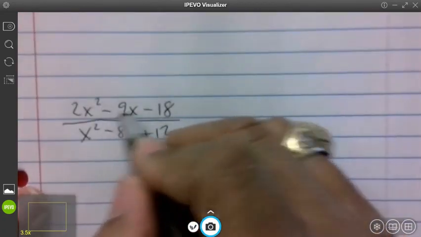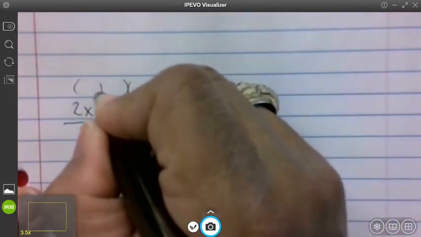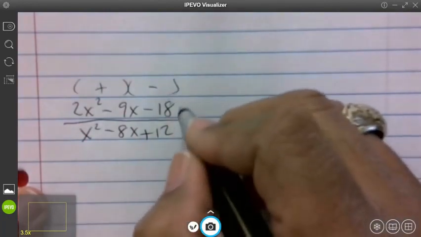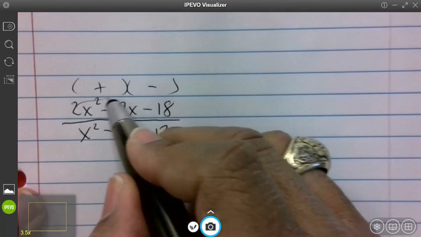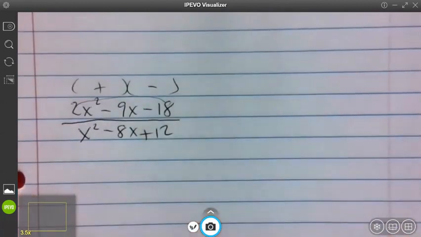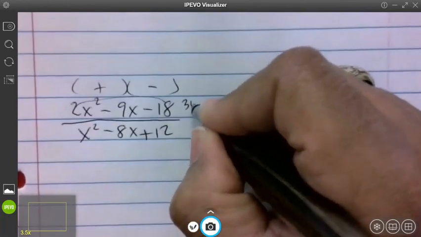Again, factor the top, minus and minus. I have a plus and a minus. Okay, but remember, when you have a leading coefficient, I need to take this multiplied by the last term. So 2 times 18 would be 36.